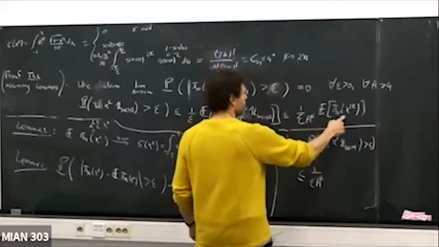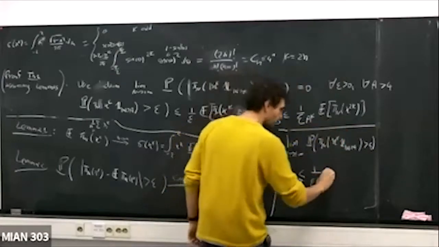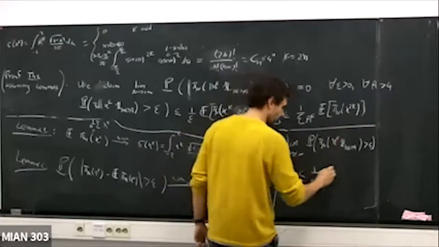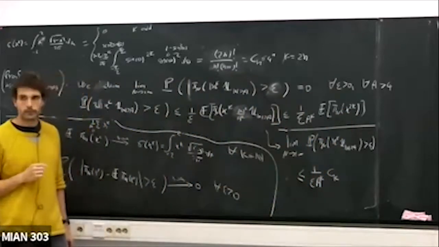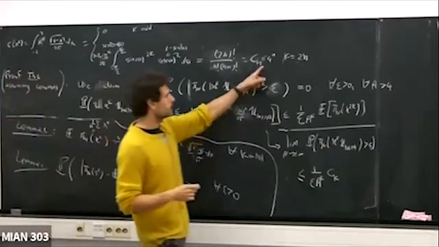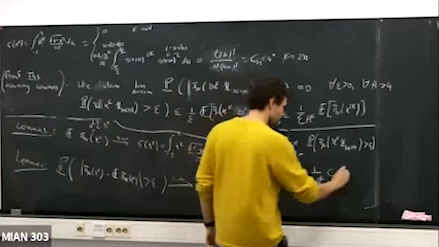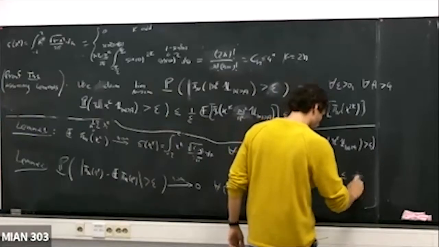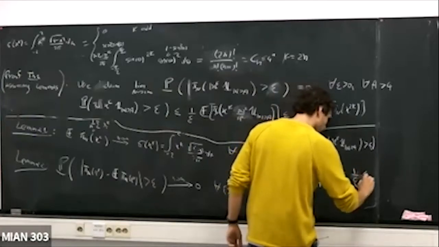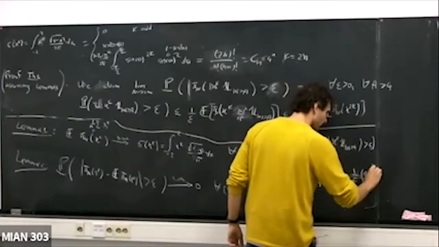And the limit of this thing by lemma 1 was the integral of sigma x to the k, ck. Okay, ck is less than 4 to the k. So this is less or equal than 1 over epsilon times 4 over a to the k.